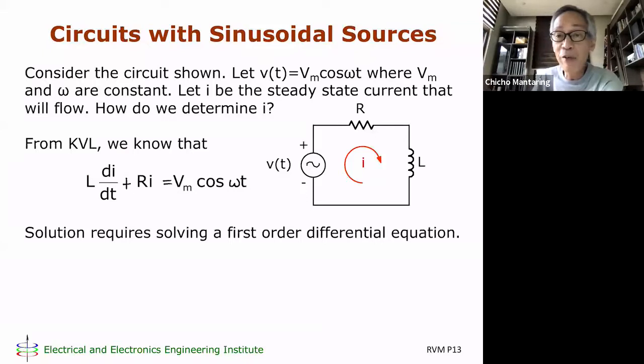Okay, when you solve the differential equation, you're going to get your transient response. I forget the term in math, but there are two solutions you get. One is you make this homogeneous, you make this equal to 0, and you get what we call the natural response in electrical engineering, which is also your transient response.